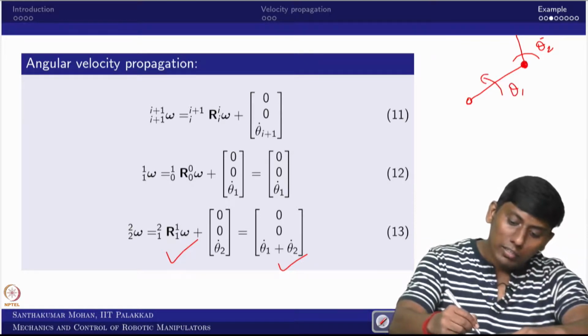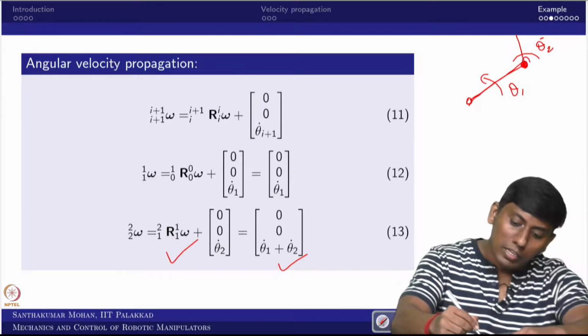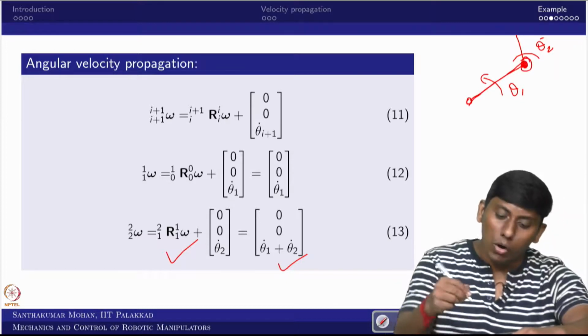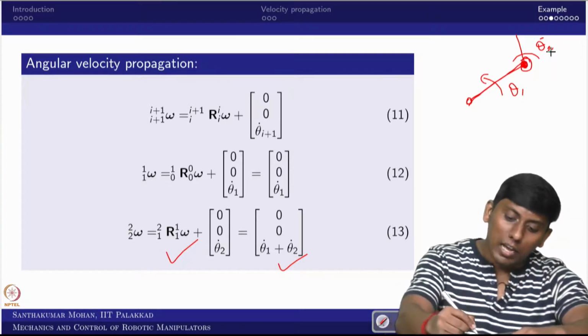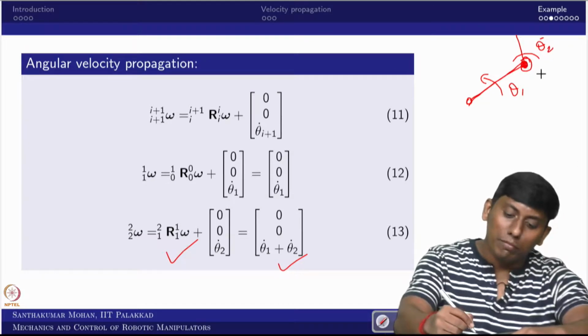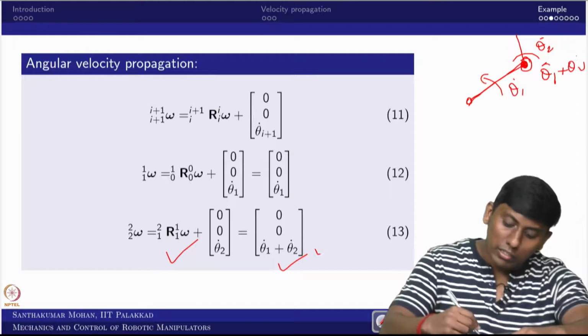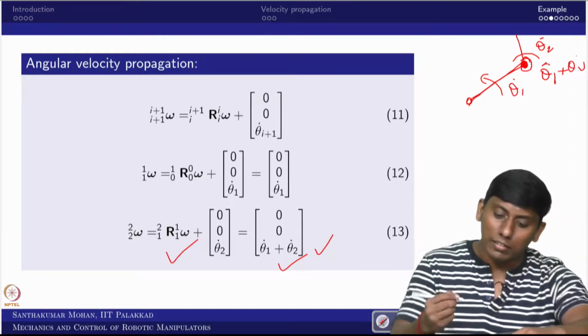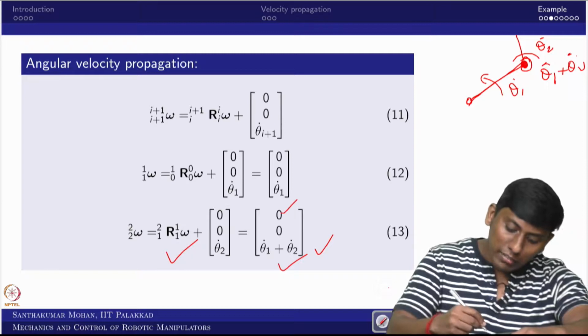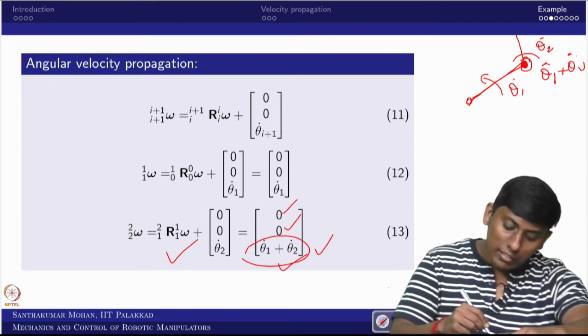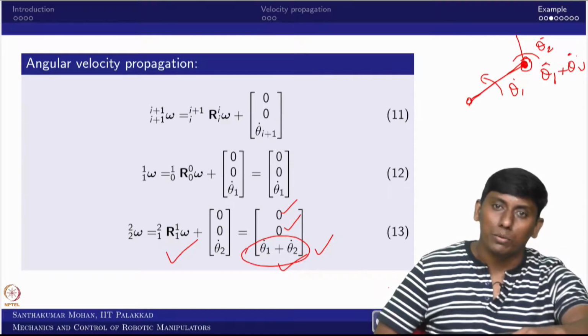This link is rotating with respect to the previous one, and the independent motor is rotating on that particular axis. So the angular velocity on this frame would be theta 1 dot plus theta 2 dot, and that would be along the z axis. You can see x axis 0, y axis 0, and z axis theta 1 dot plus theta 2 dot.